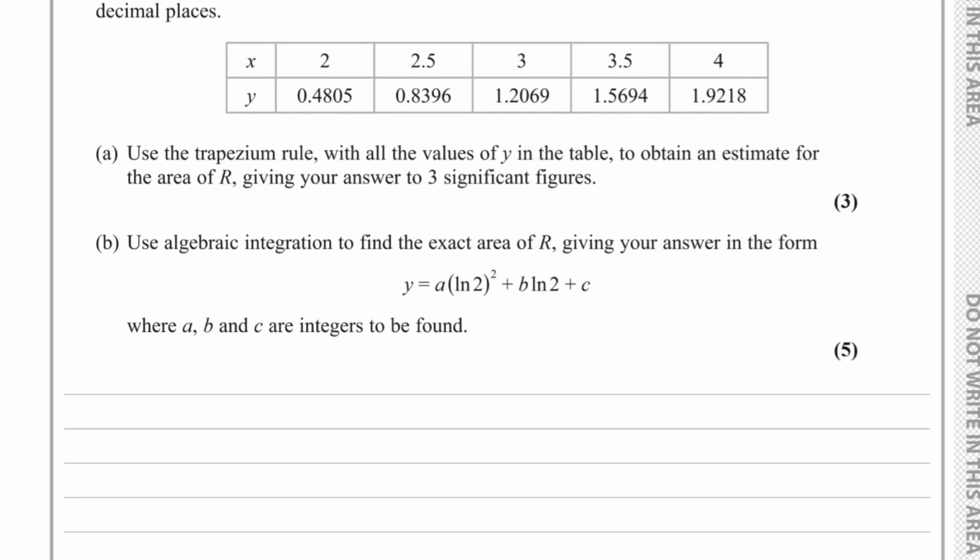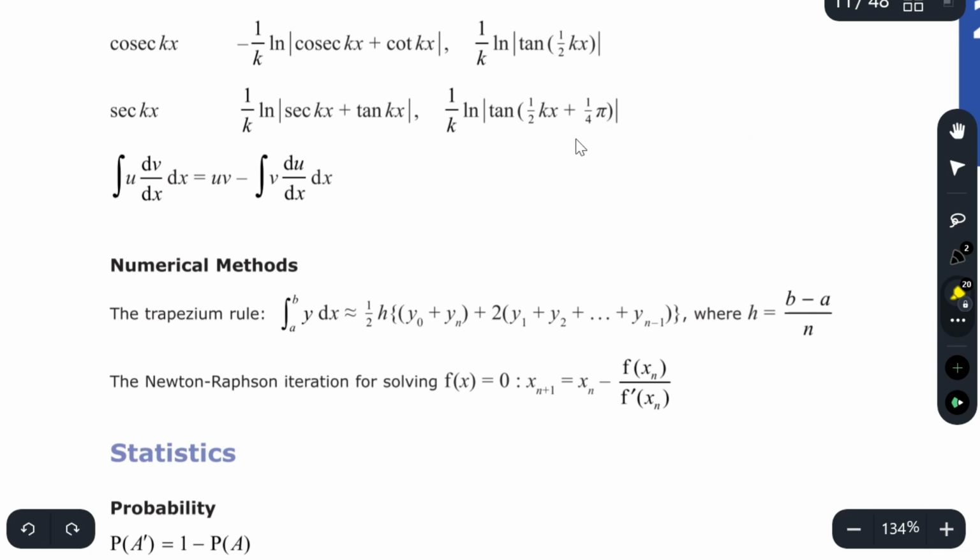Before we do anything else, let's label these y values y0, y1, y2, y3, y4. Now, in the formula book, under the numerical methods section, we have the formula for the trapezium rule. That's shown highlighted.